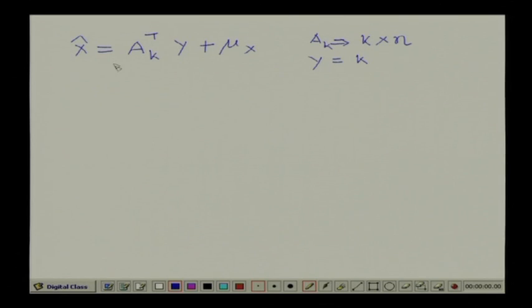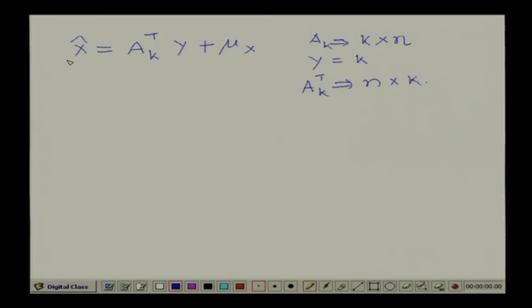Now, when I take A k transpose, it becomes of dimension n by k. If I multiply this matrix A k transpose, which is of dimension n by k, by this vector y, which is of dimension k, obviously I get a vector which is of dimension n by 1.